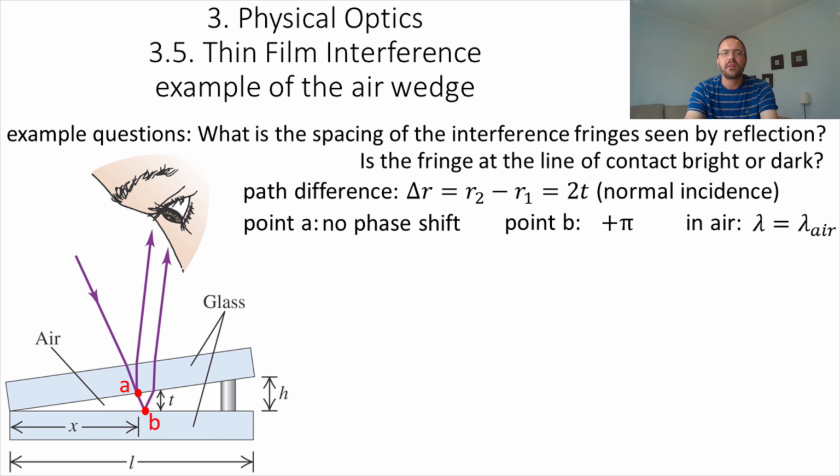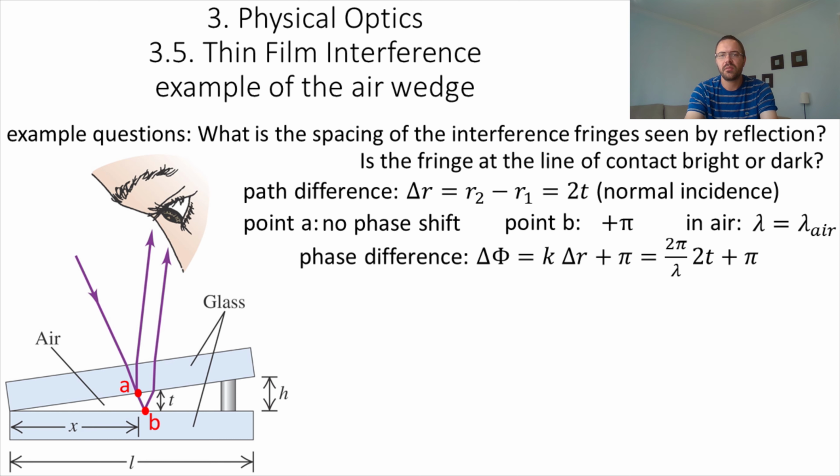Now we are ready to calculate the phase difference. Remember, the phase difference is k delta r plus any phase shift. So we have k delta r plus pi, because we have a phase shift of pi at point B. And since k is 2 pi over lambda, and delta r is 2t, we can write that the phase difference is 2 pi over lambda times 2t plus pi.